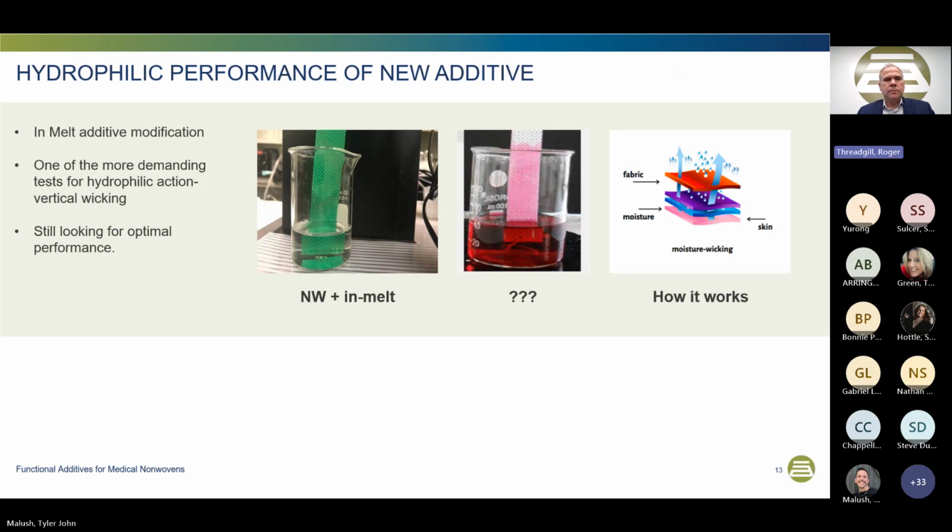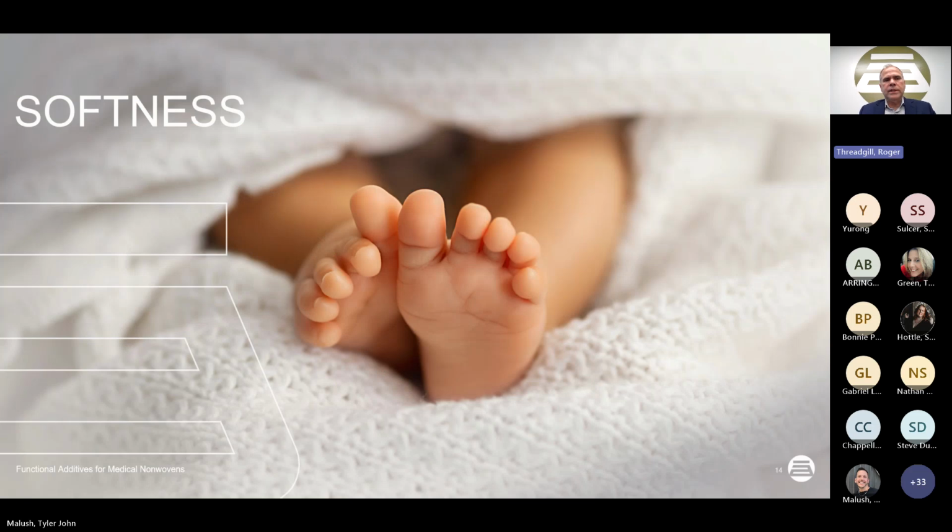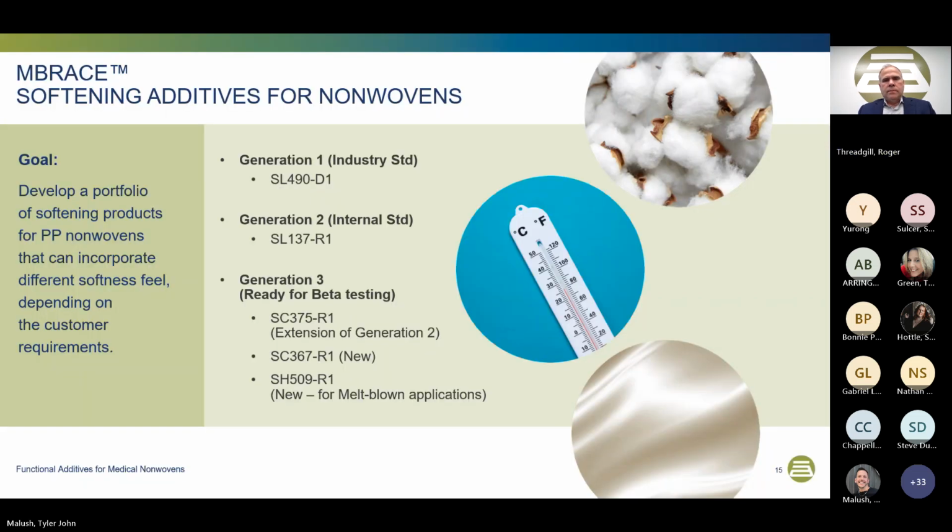Next slide. So now we'll turn our attention to softness modifications, which in some ways is a bit of a close cousin to our hydrophilics. Next slide. So what are the different facets of soft or the tactile quality, right? How does it feel to our hand or skin?